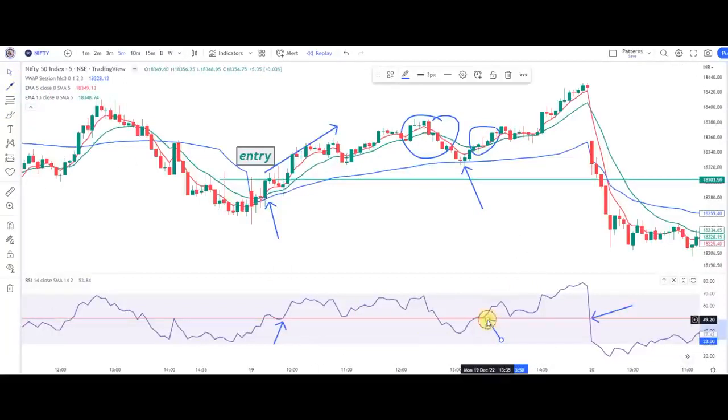So this is the perfect entry for us to enter into the long trade. So in Nifty, on the same day we got 2 entries for our long trade. Again I am repeating here, missing trades are always okay, but don't enter into the trade without the proper confirmation.